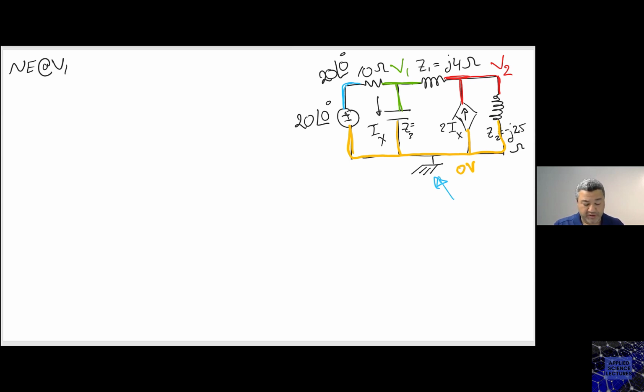So V1, can somebody tell me what is the nodal equation at the node that has the voltage V1? I need a volunteer to give me the nodal equation at V1.